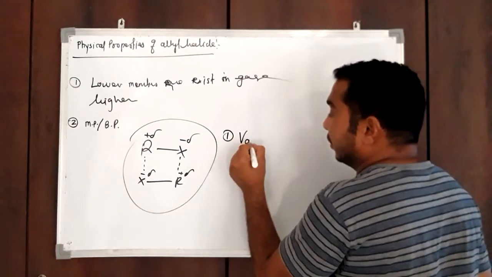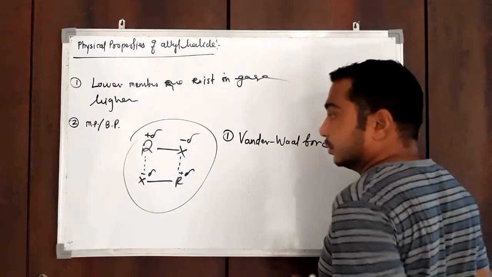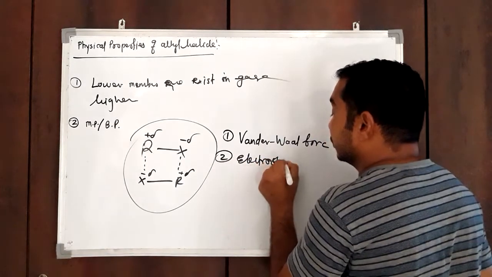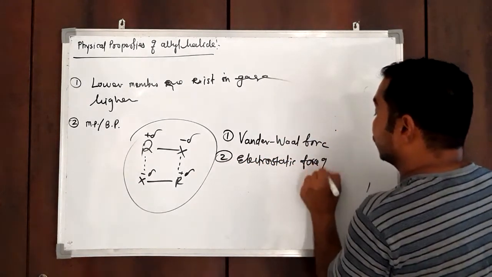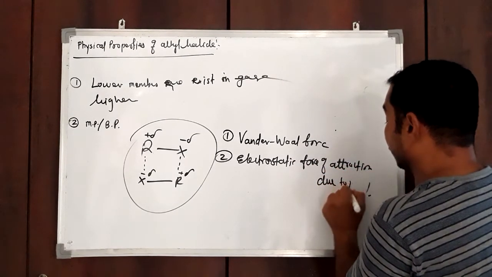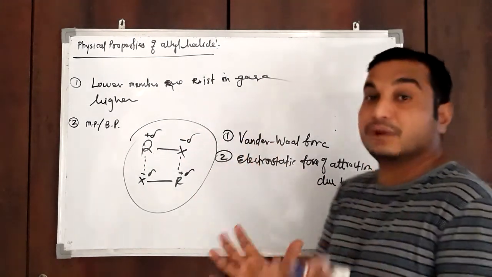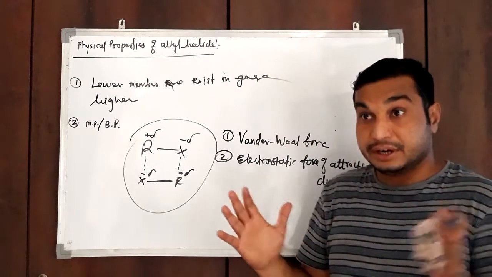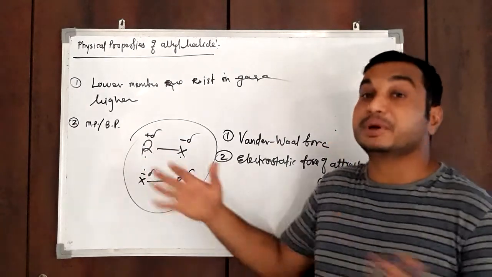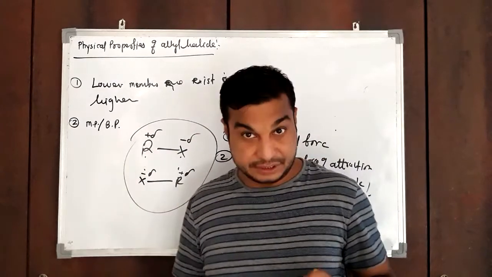One is van der Waals force, and another is electrostatic force of attraction due to polarity. Therefore, these molecules have quite higher force of attraction between them. Interaction is more, and therefore more energy is required to break this bond and separate them. Therefore, melting point and boiling point of alkyl halide are quite larger.